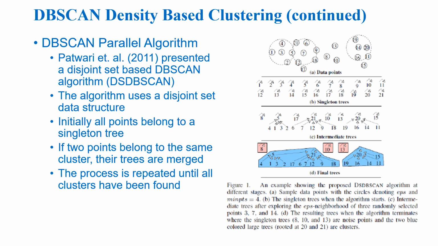Initially, all points belong to a singleton. You start with your data points in A. They belong to a singleton tree in B. And then if two points belong to the same cluster, their trees are merged, and you can see the intermediate trees. This process is repeated until all clusters have been found. You can see the final trees.